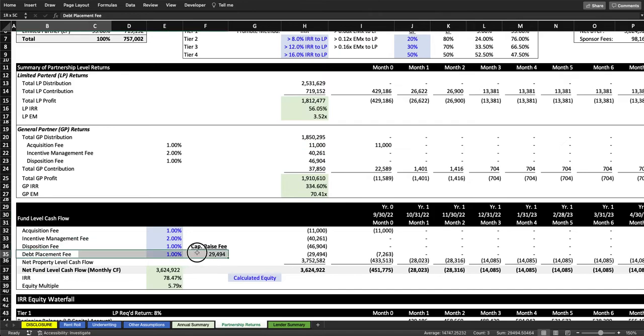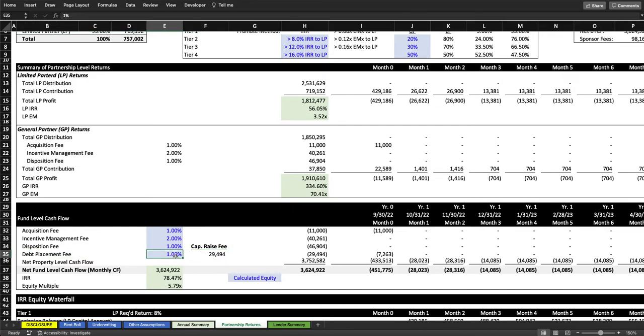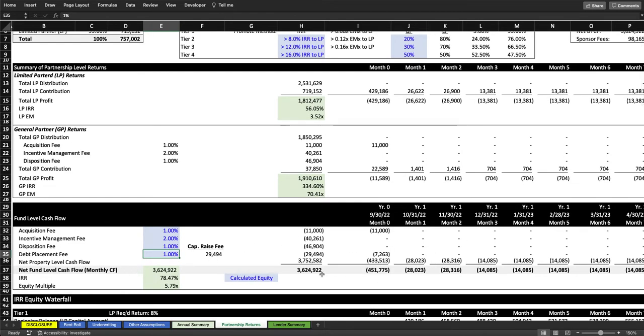And then the debt placement fee is what you're going to be paying, let's say, some debt capital, someone who's helped you raise capital, so the GP won't be seeing that, but that'll be hit at a fund level. And once you factor in all these fees, that brings you the net fund level cash flow.